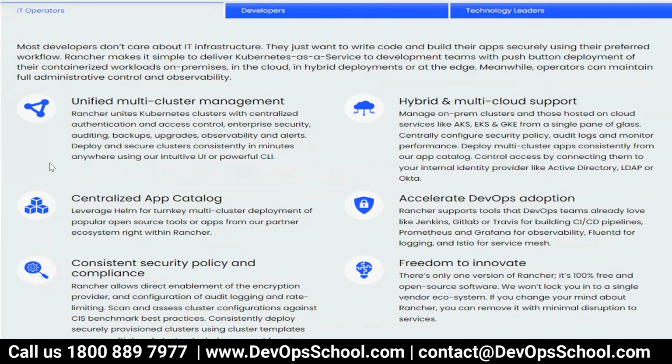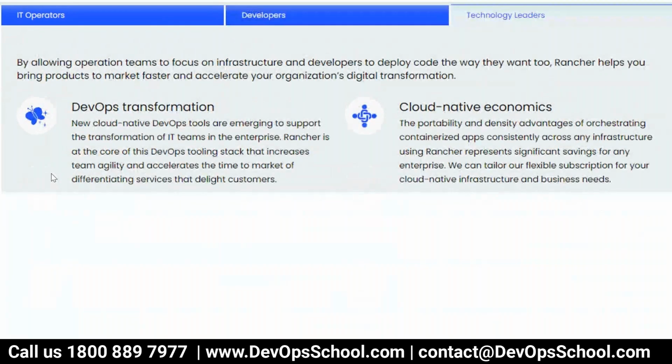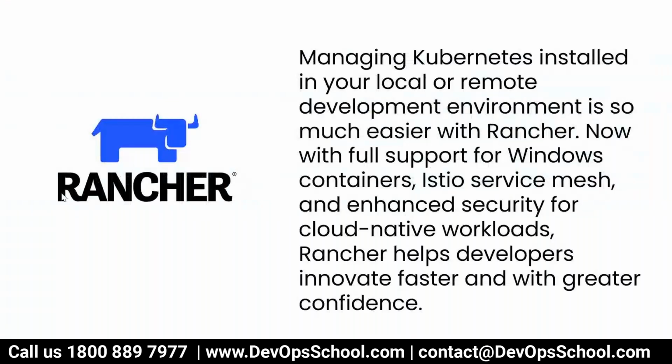For developers: work with the tools that you already love, deploy complex microservices applications, attract developer talent, demystify service mesh, maximize developer productivity, and accelerate staff onboarding. In terms of technology, you can include DevOps transformation and cloud native transformations. I'm not discussing this in much detail, but at a high level you can understand this.